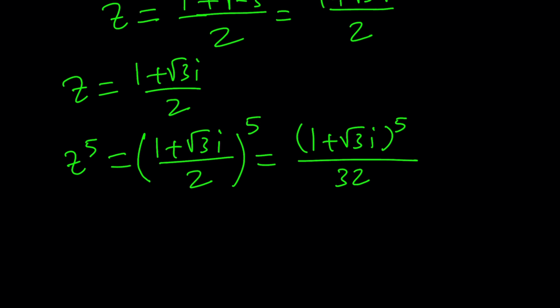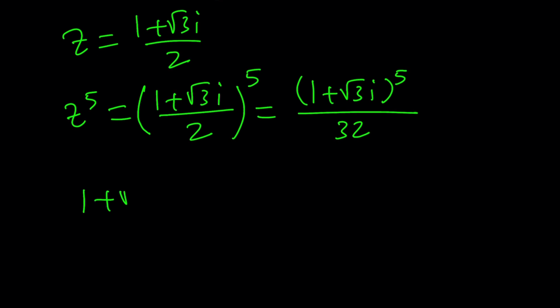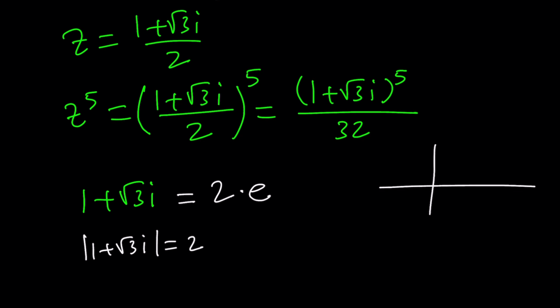So we could probably do something nicer, which is the following. 1 plus root 3 i can be written as an exponential, thanks to Euler. I'm not going to show you all the details, but first you need to find the absolute value of 1 plus root 3 i, which is 2. And then you'll put that first, and then there's an angle that allows us to write this in polar form.